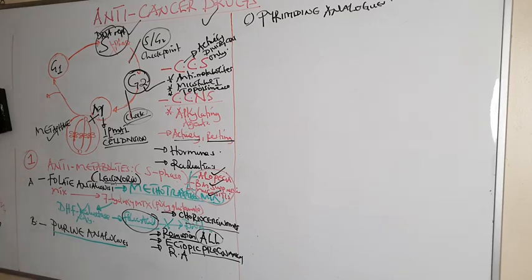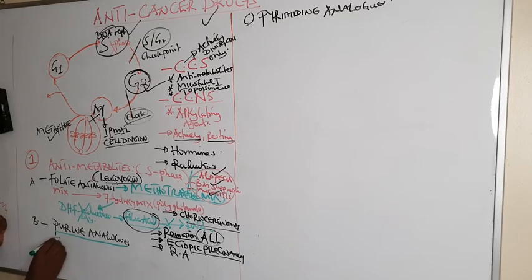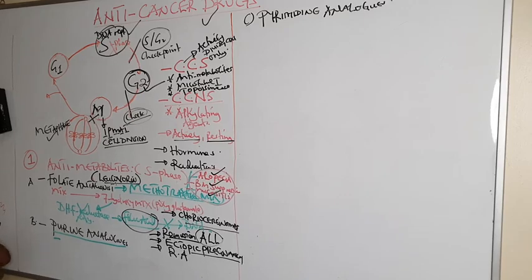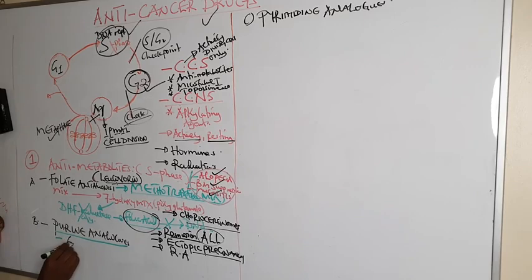Other drugs under antimetabolites are the purine analogs, and under purine analogs we are going to see drugs like 6-mercaptopurine, 6-thioguanine, and fludarabine.